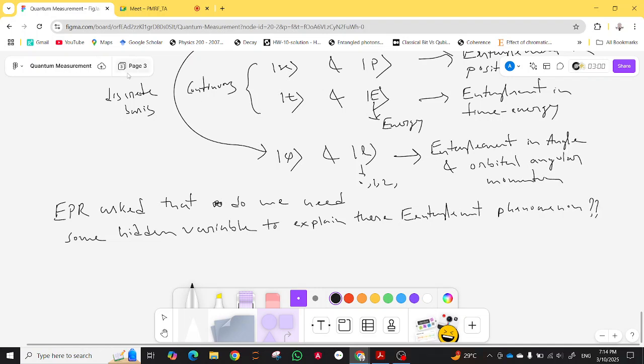So EPR asks this question: do we need entanglement or not? Let's go to the next page.